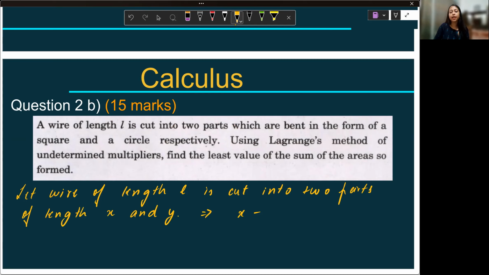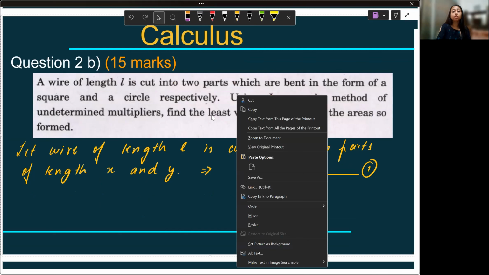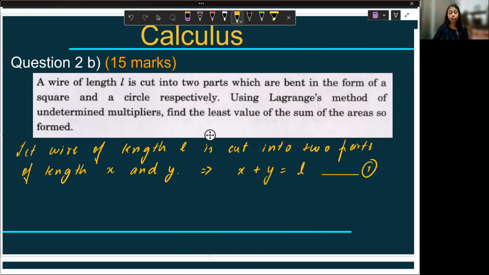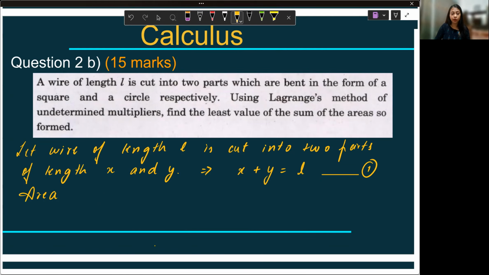Which implies x plus y is equal to L. We are going to use this later. Now, they are saying to find the least value of the sum of areas so formed. So what will be the area of this circle and the square? But we know only the perimeter. We know the circumference of the circle and the perimeter of the square.